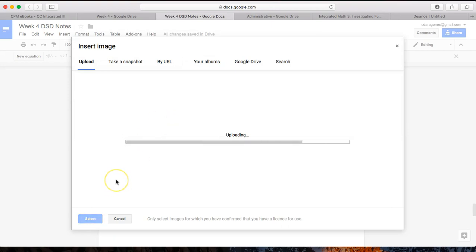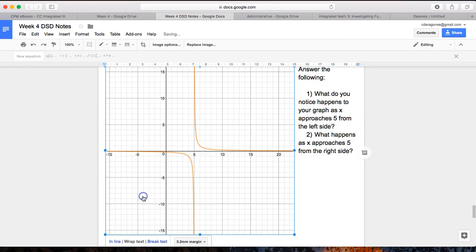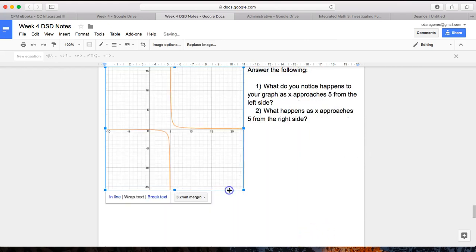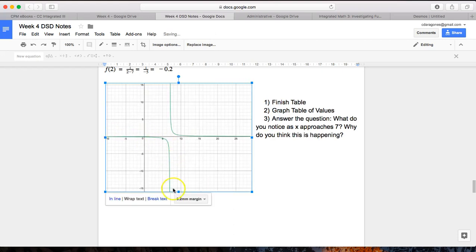So we now have our two graphs, and you notice they look really similar, right? They kind of have this form where they're broken up into two pieces. This one right here coming from the left side, and this one coming from the right side as we get closer to x equals 7.